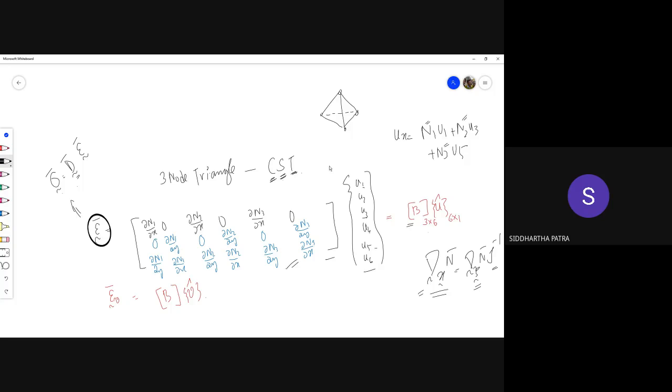Okay, and it is very intuitive to figure out what the shape function should be for a constant stress tetrahedron. Do you see what I'm talking about here? It's a 3D element, okay? And constant stress tetrahedron is also a CST element.